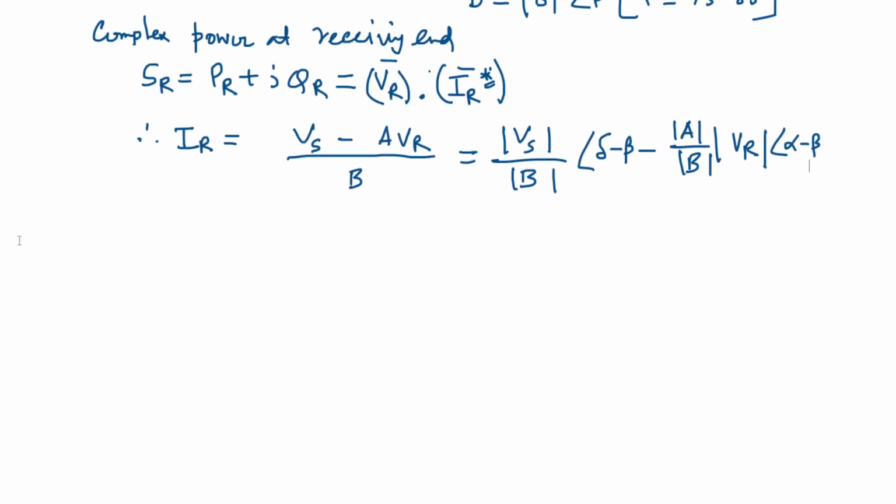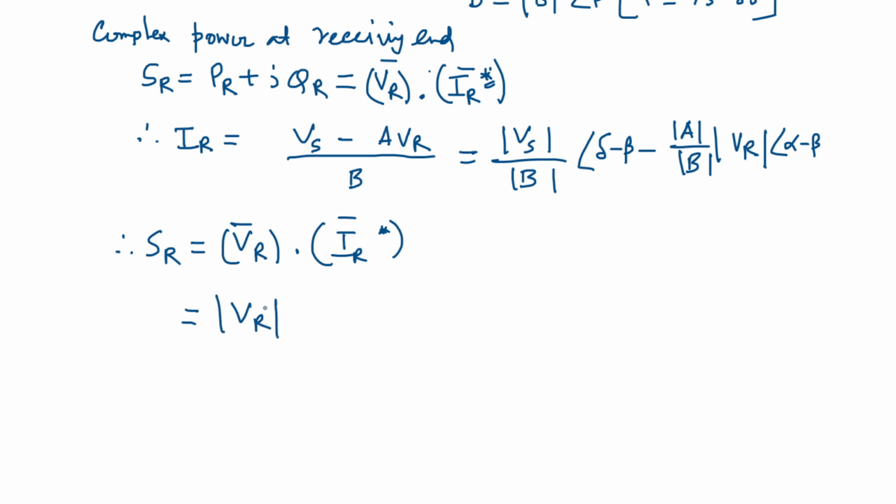Therefore the complex power SR is equal to VR phasor into IR phasor conjugate. What is the VR phasor? VR magnitude, contributing 0 degrees because it is considered as the reference phasor. Now what is IR conjugate?